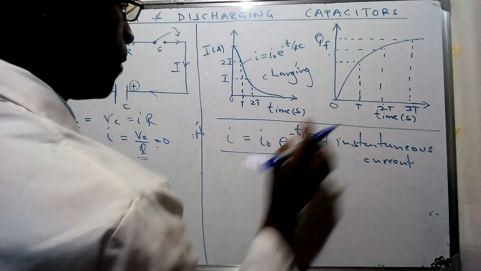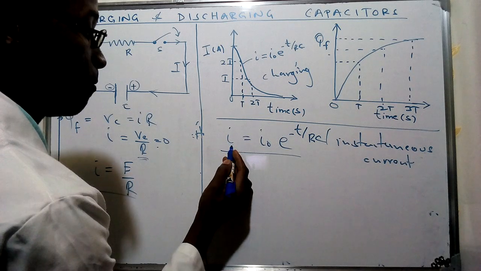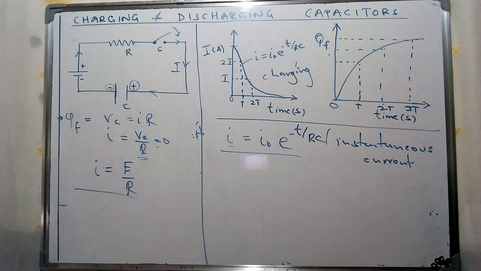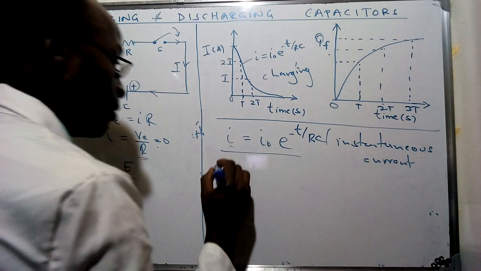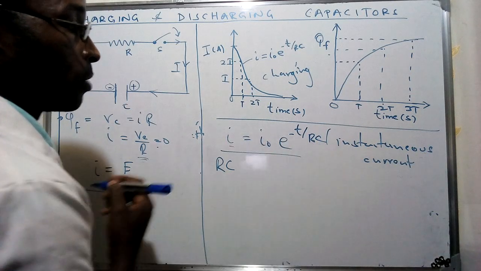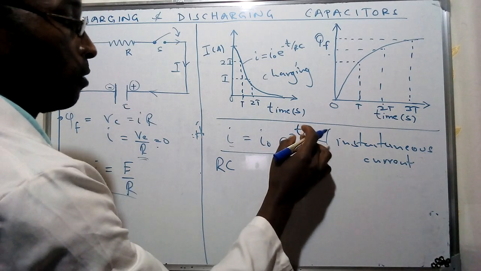This formula has a part which I've mentioned for the instantaneous current, and the current at the time when the switch is closed, which is I naught. I've said that this is given in terms of time t, but we're going to have the RC, which is the denominator for this exponent, negative t over RC.